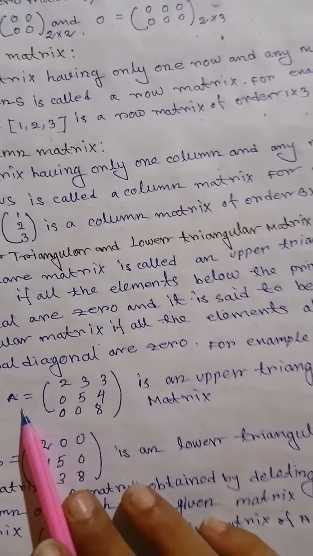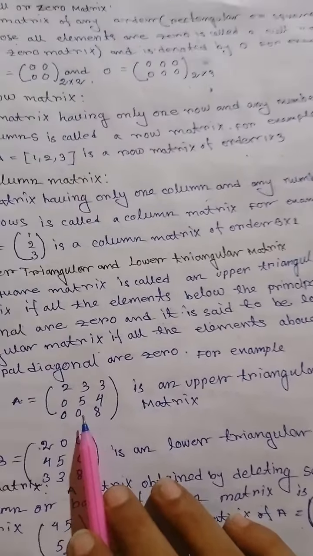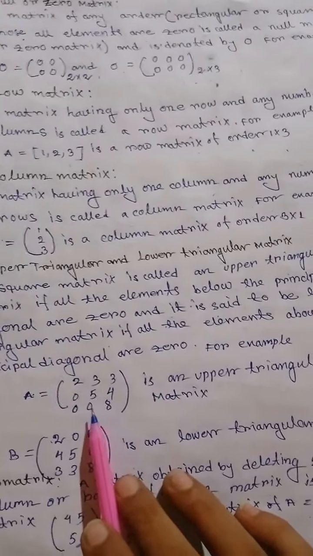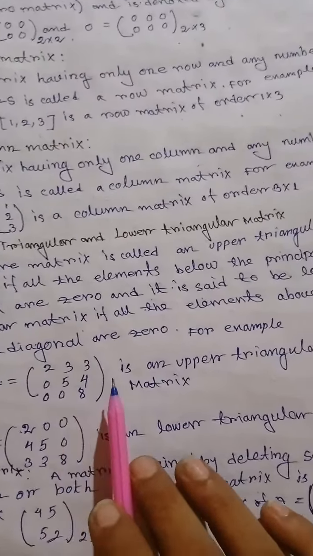Here matrix A with rows 2 3 3, 0 5 4, 0 0 8 is an upper triangular matrix because all elements below the principal diagonal are 0 0 0.